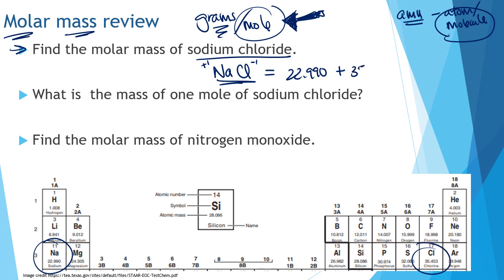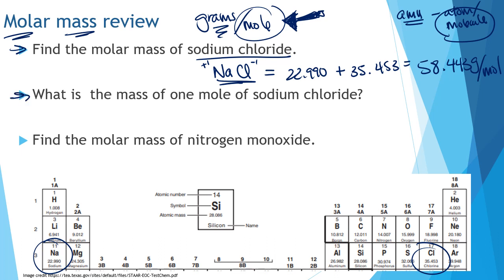It is 35.453. Handy dandy calculator tells me that 22.990 plus 35.453 equals 58.443 grams per mole. So the molar mass of sodium chloride is 58.443 grams per mole.